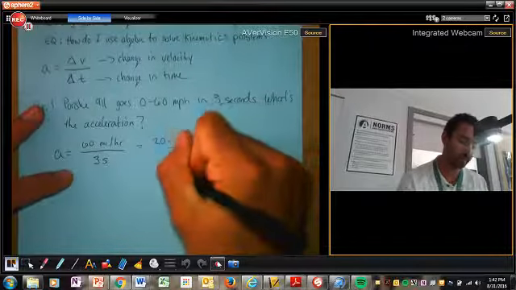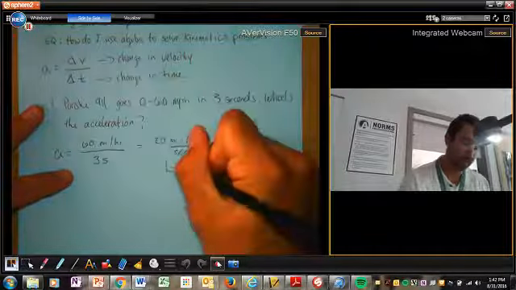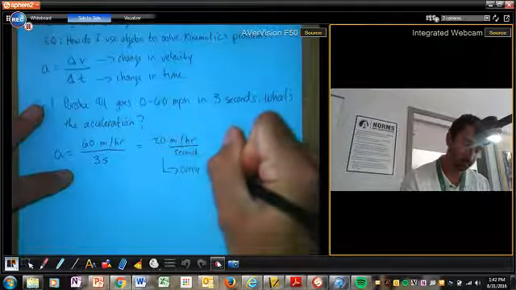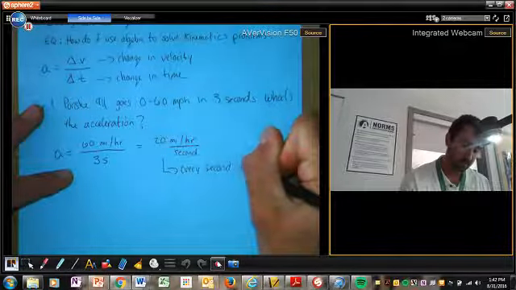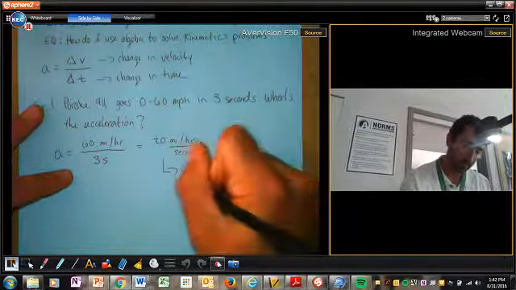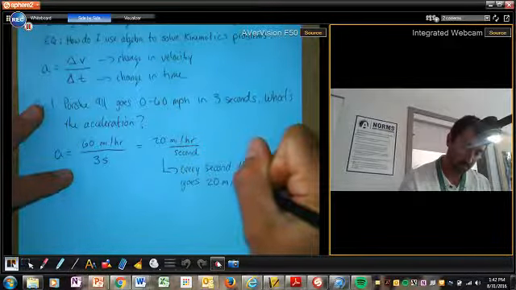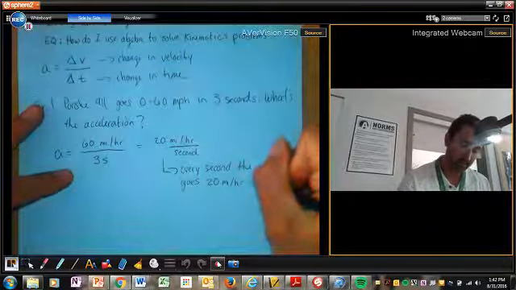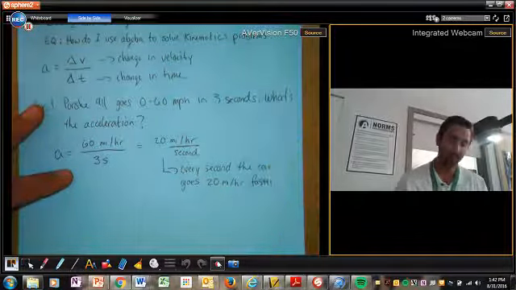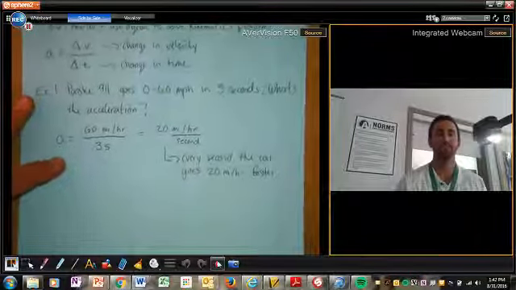So we could say, every second the car goes 20 miles per hour faster. That's what an acceleration is defined as.